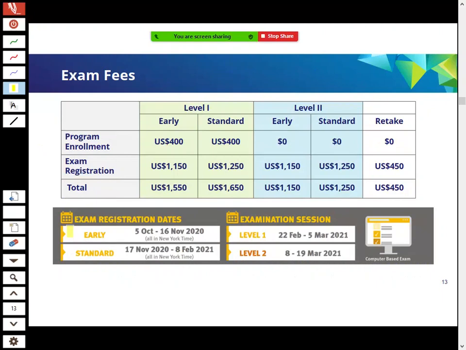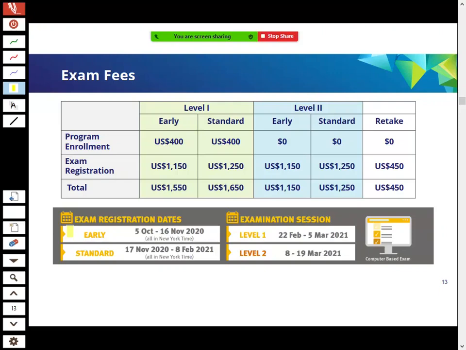Okay, so much for the curriculum of the CAIA examinations. Since you attend these information sessions, you might already have registered for the examinations. Here, the fees I just put down for your reference, and also the deadlines and the examination days.